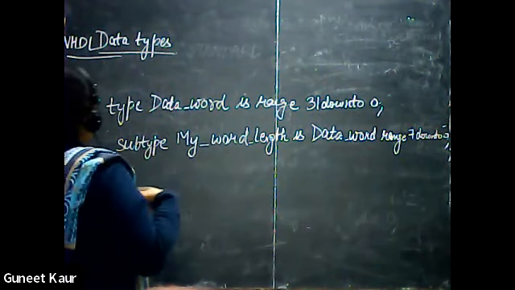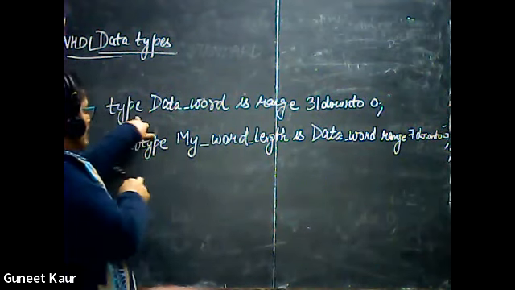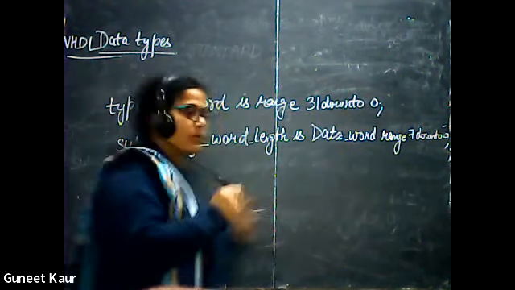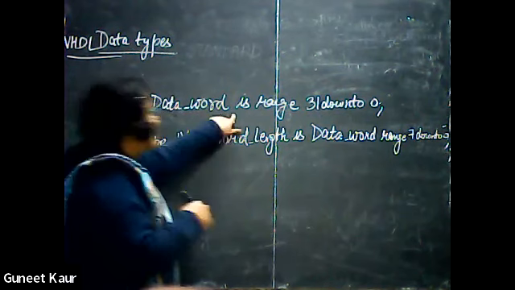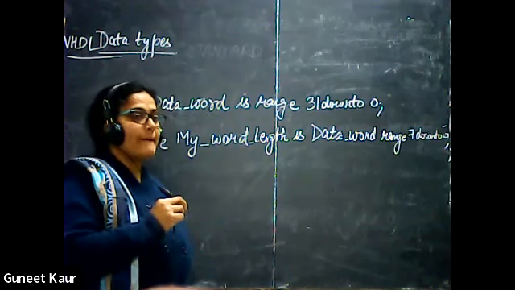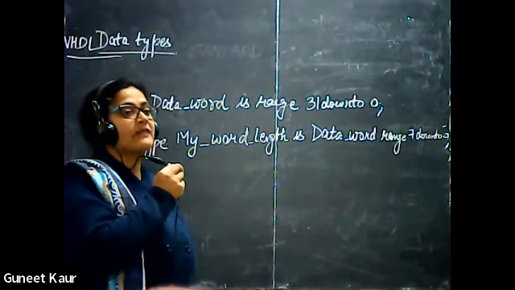It means that our main type is data_word, and it is ranging from 31 downto 0. Here type, is, range, downto should be in bold. But now I have taken the subtype for that.